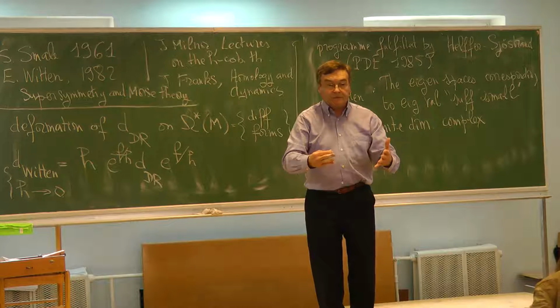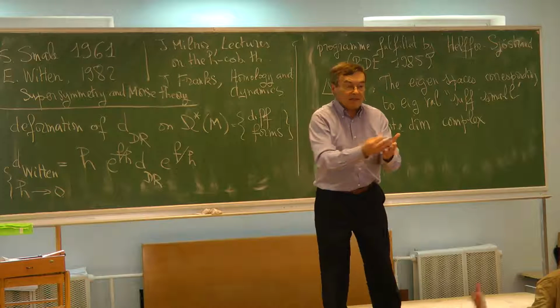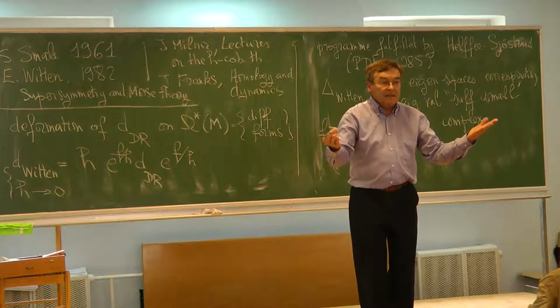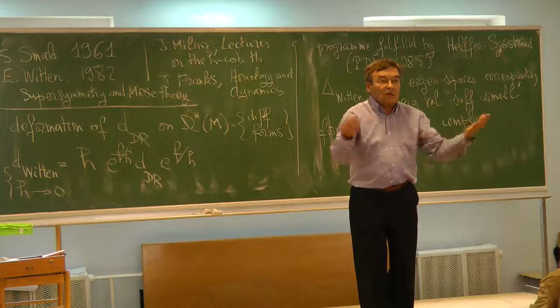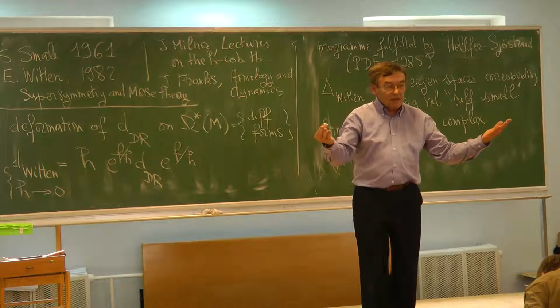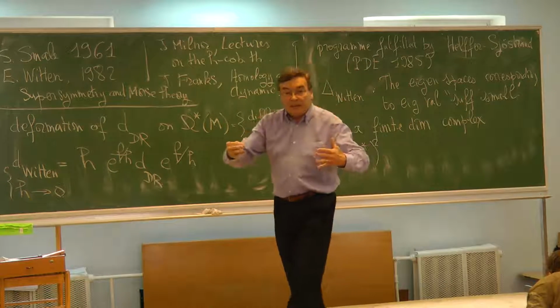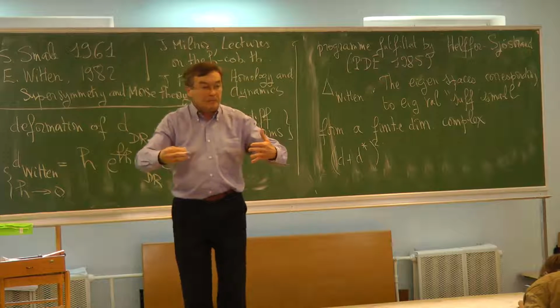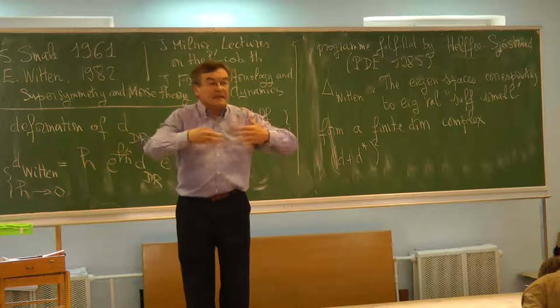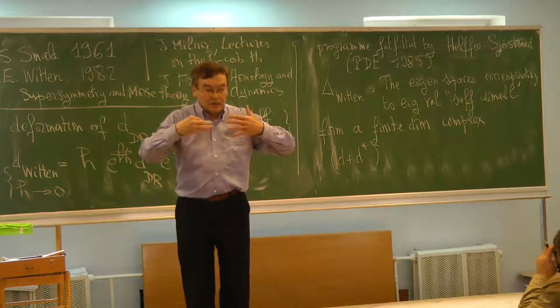That is the point. There is a subcomplex of the complex of differential forms which is finite dimensional. And it is, in some sense, the Morse complex in this approach.